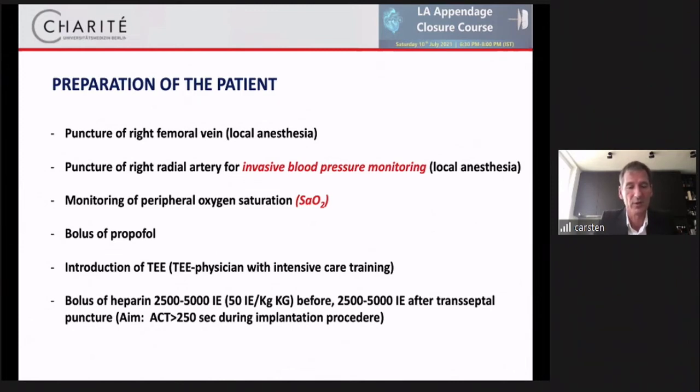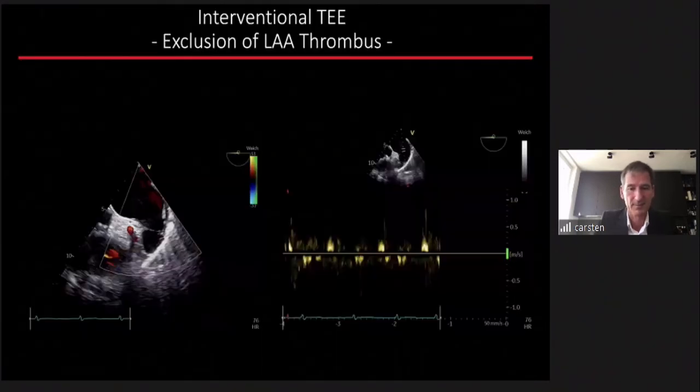We have the monitoring, and then we give propofol, and the TE physician, who is experienced in intensive care medicine, is basically doing the sedation. And then we give, as you mentioned, half dose of heparin before septal puncture and half dose afterwards, with an aimed ACT of bigger than 250 seconds.